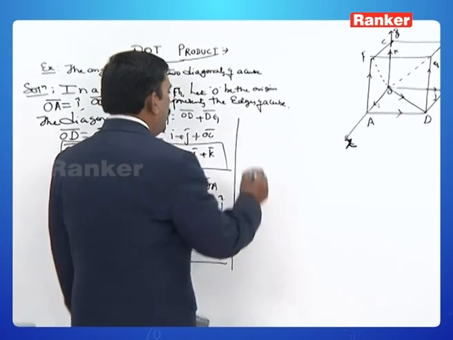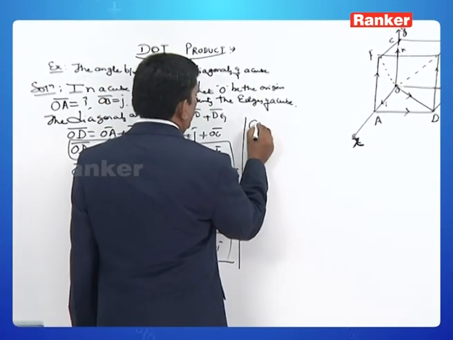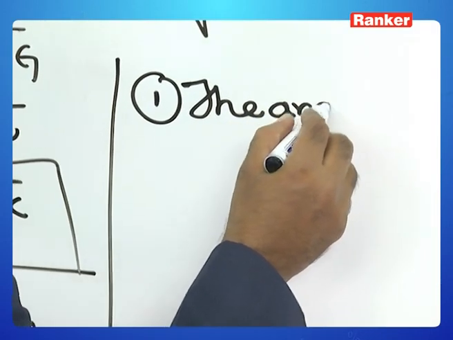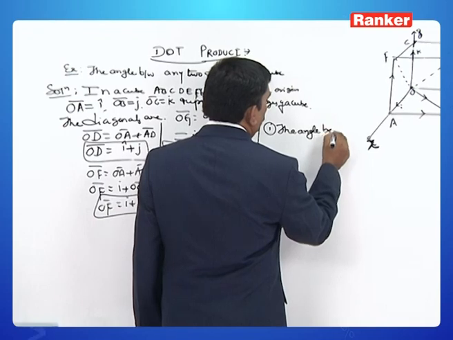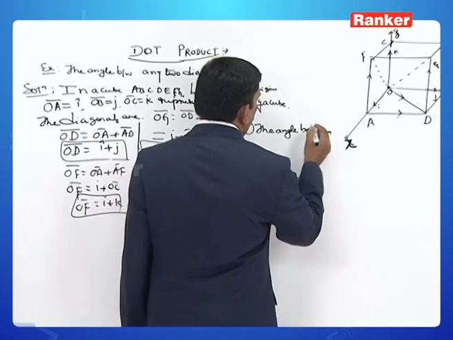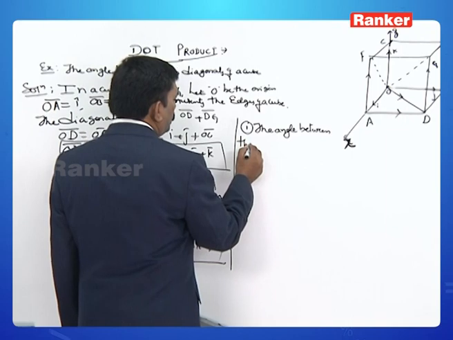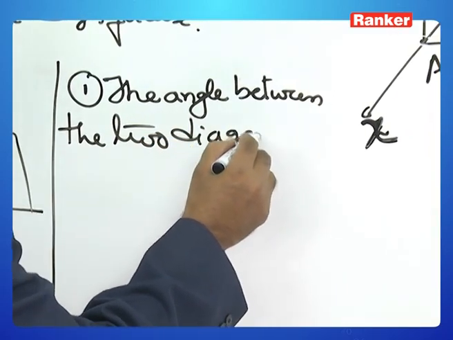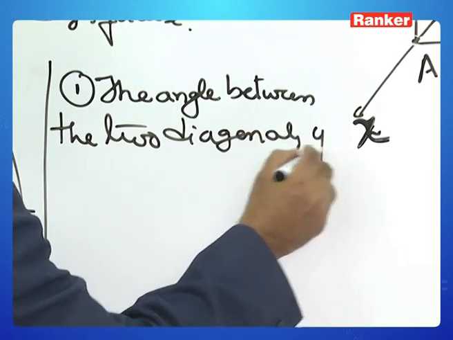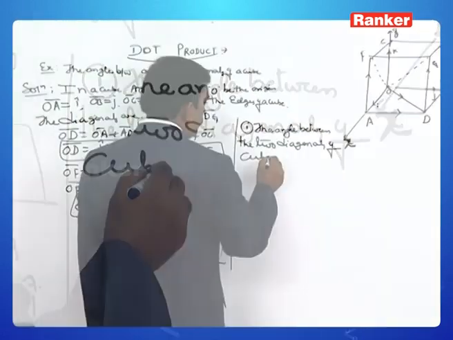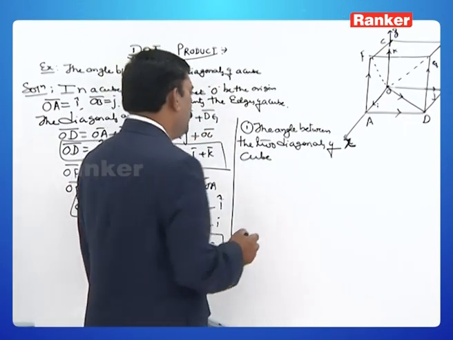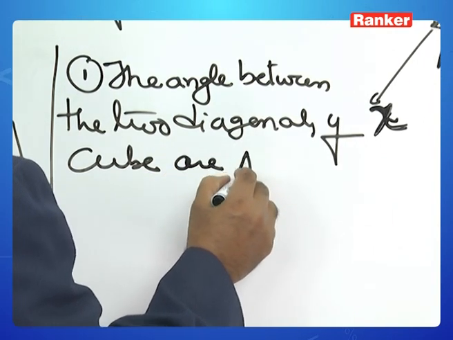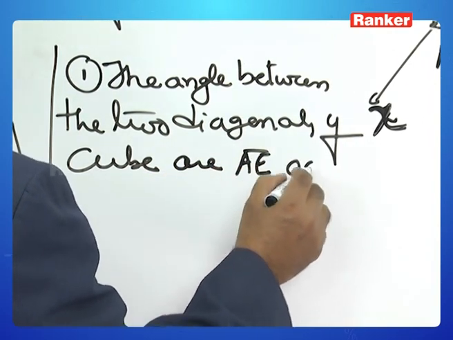Very first problem: the angle between the two diagonals of a cube, which are AE bar and OC bar.